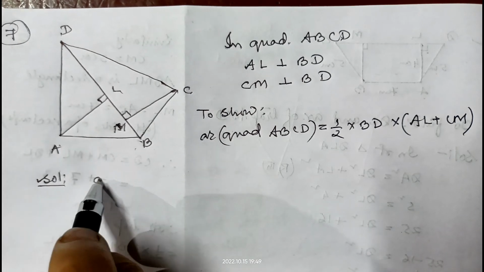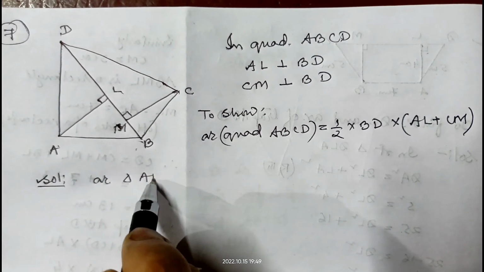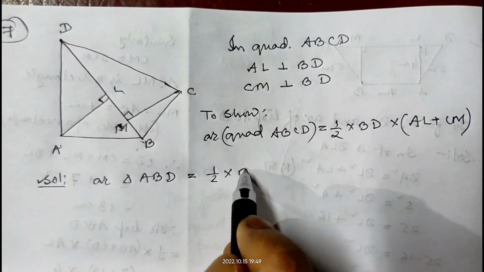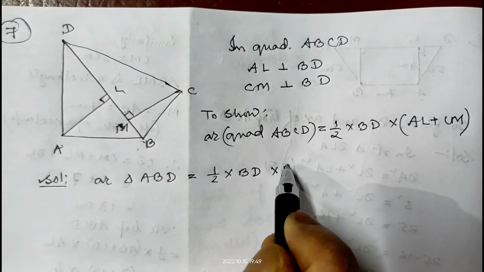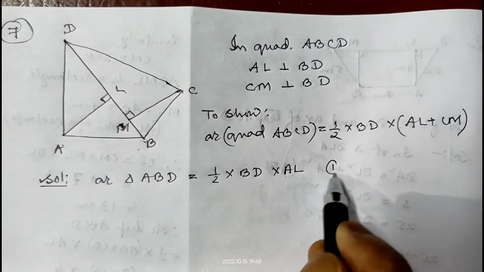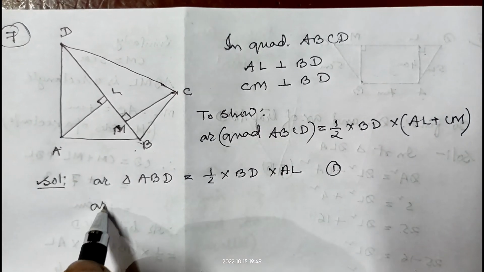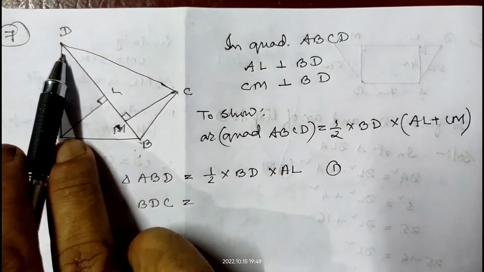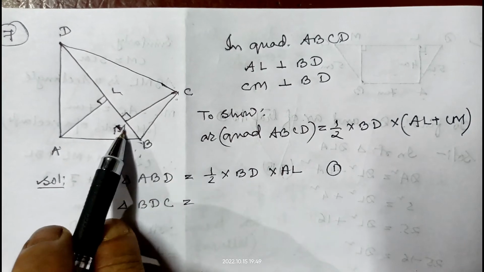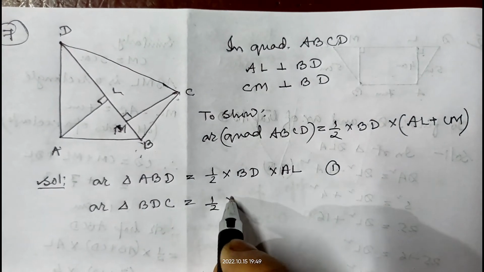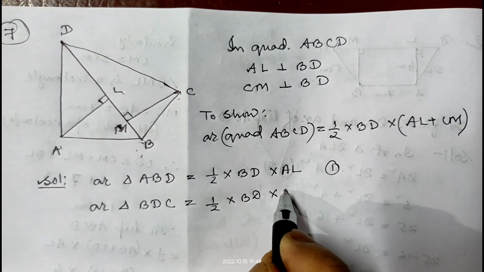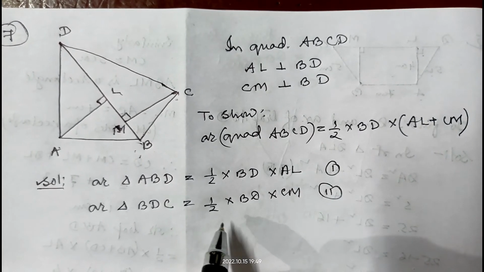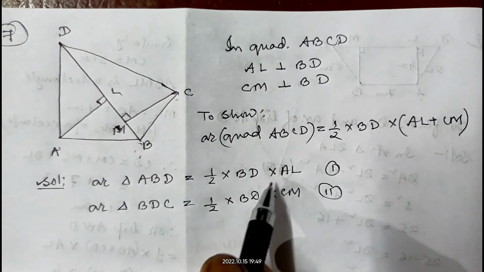So we can write area of triangle ABD, it is equals to half into BD into AL. Let it be equation number 1. Again, area of triangle BDC, here BD is the base, CM is the height, so we can write half into BD into CM. Let it be equation number 2. Here we have applied the formula. Area of the triangle is half into base into height.